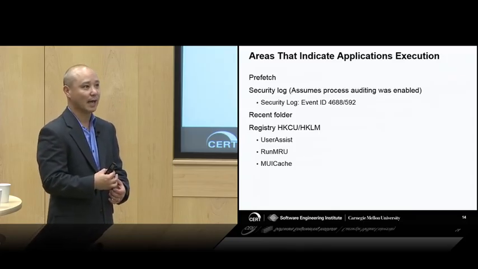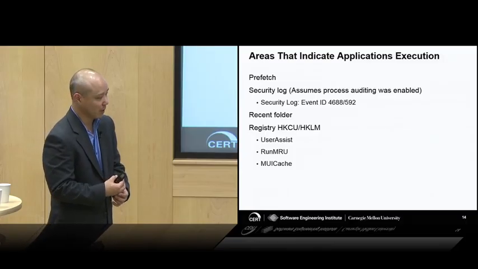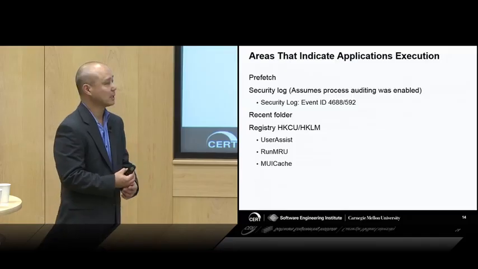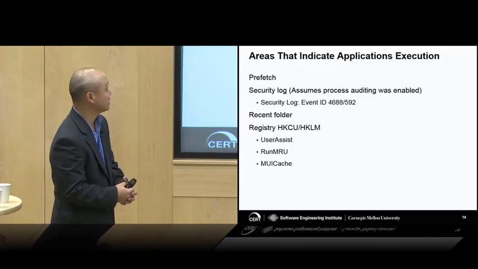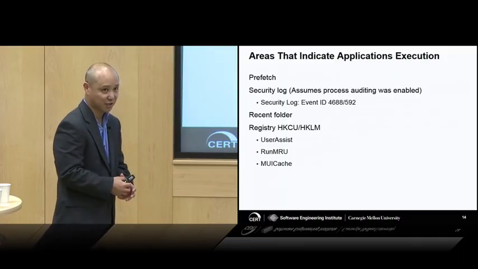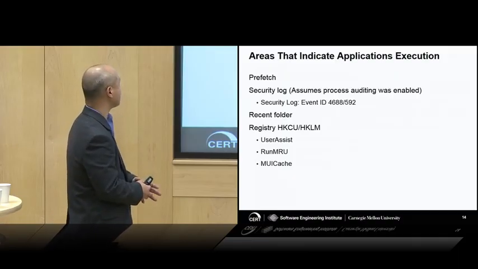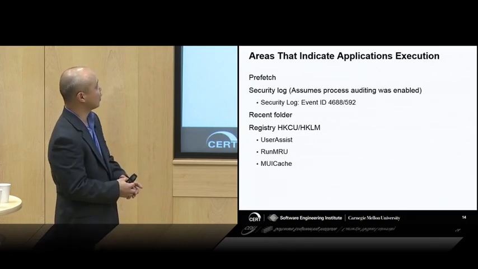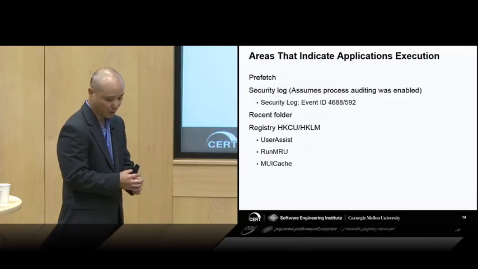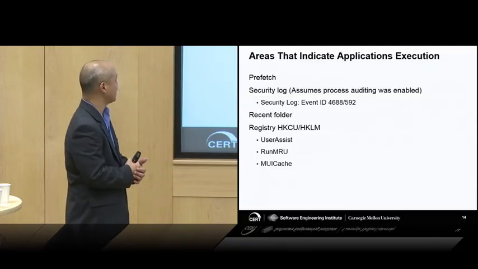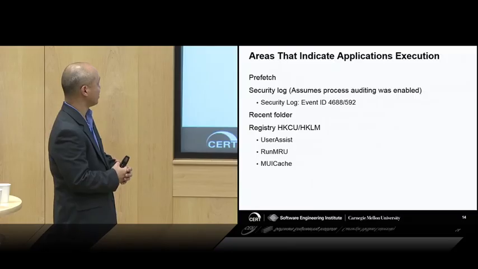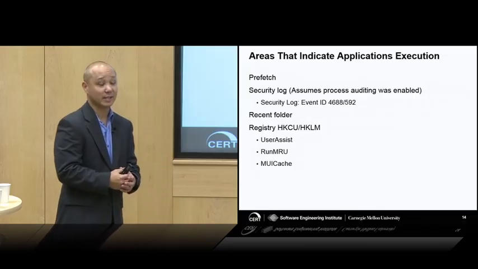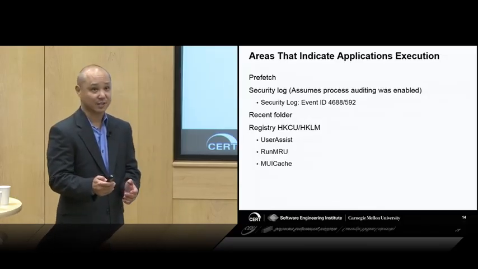This seems really out in the open, so perhaps this isn't a higher-level attacker that would leave that large of a footprint, but that is a possibility. Sometimes the simplest things catch people. And then, of course, the registry. The HKEY_CURRENT_USER and HKEY_LOCAL_MACHINE keys, that's HKCU and HKLM, have areas like UserAssist, RunMRU, and MUICache that will indicate when programs have been executed.